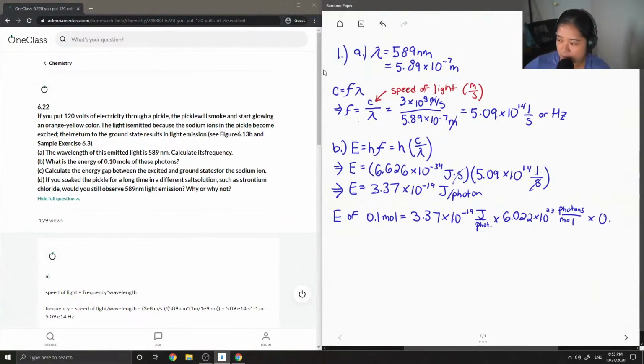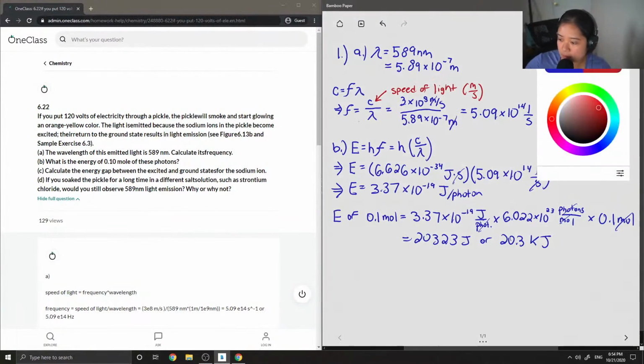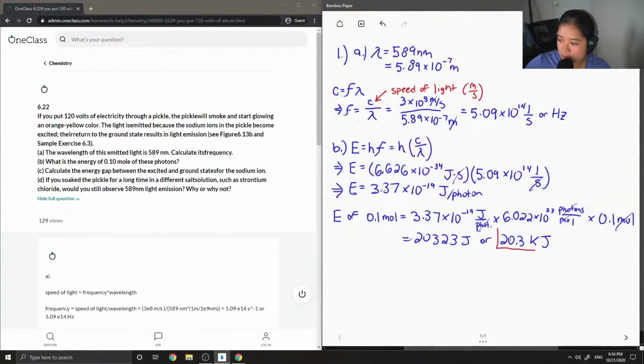And then I'm going to multiply by 0.1 moles. Then you notice the photons cancel out, and the moles cancel out. And then you get 20,323 joules, or 20.3 kilojoules. And this is the answer for part B.